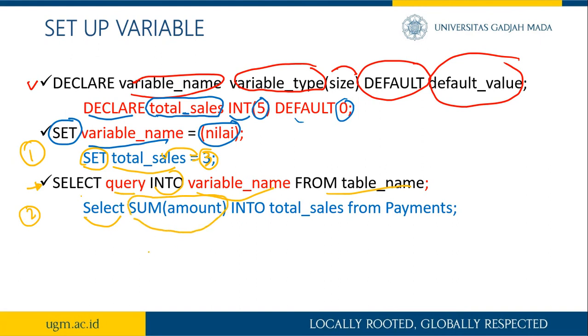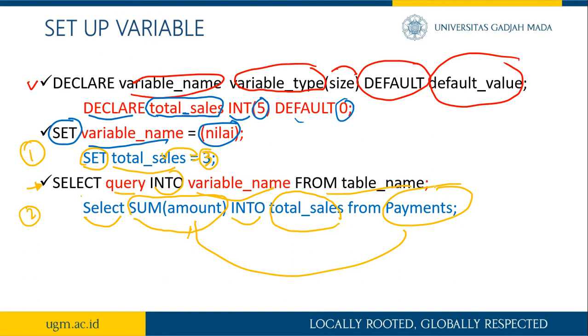So I get the total of the amounts and I put it into the variable named total_sales, and I get the amount from the payments table. So those are several ways to set up a variable. First, you can do it with the set keyword. The second, you can also set up variables using a query, like select something into your variable from what table.